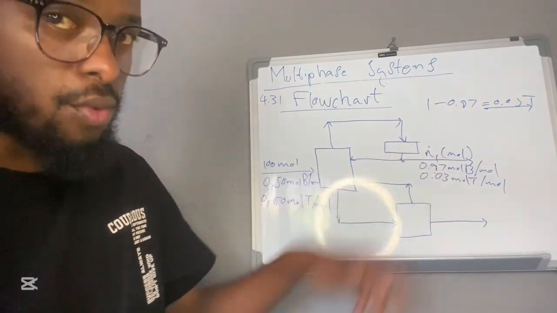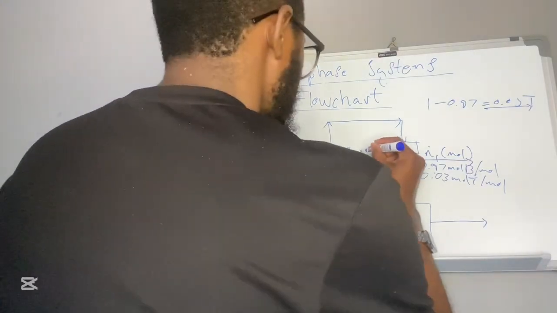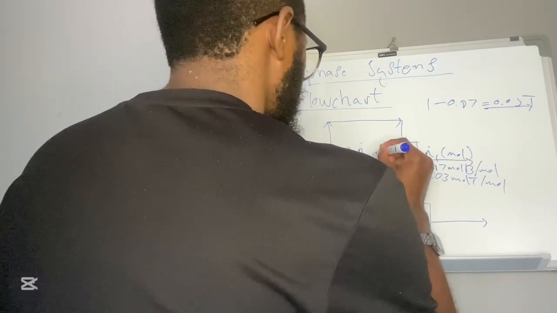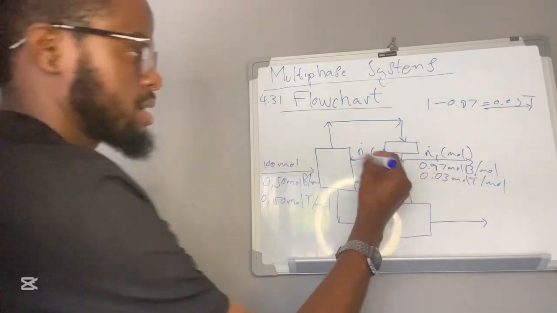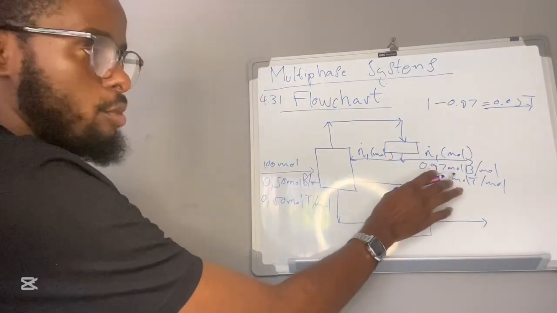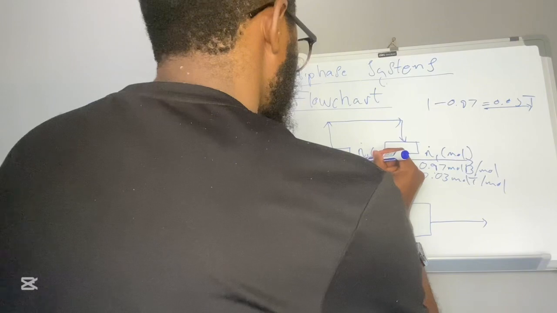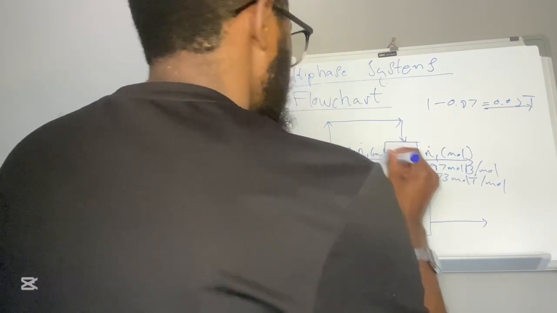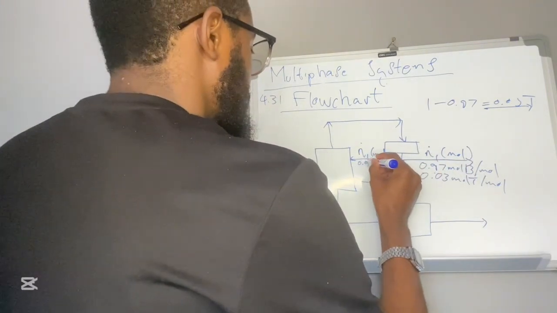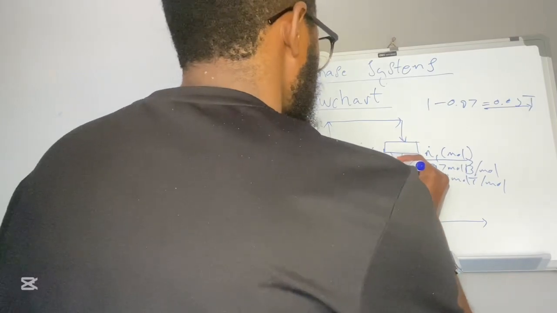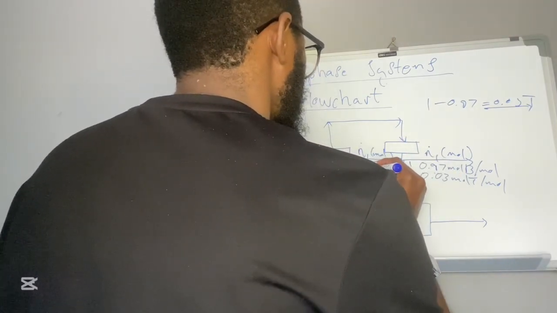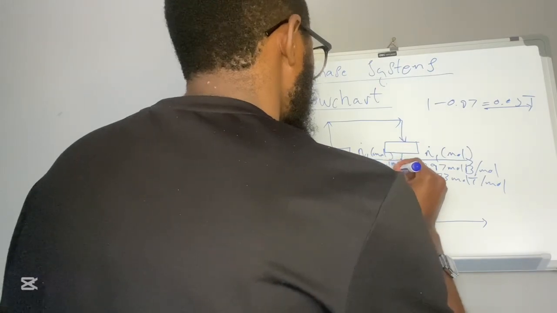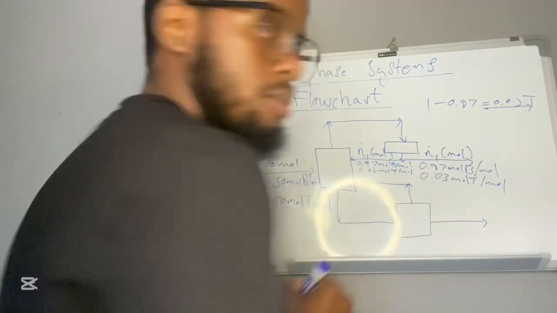So if this is N1, then this is also N1, right? So the component balance will be the same. There's nothing that will change here. This is 0.97, this will also be 0.97, and 0.03 mole toluene per mole, right?